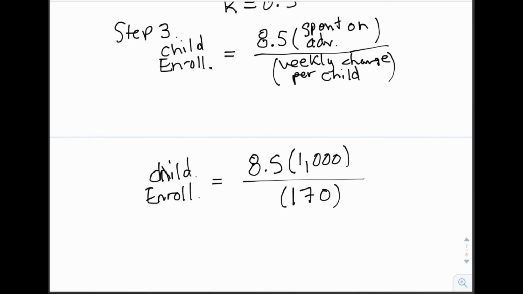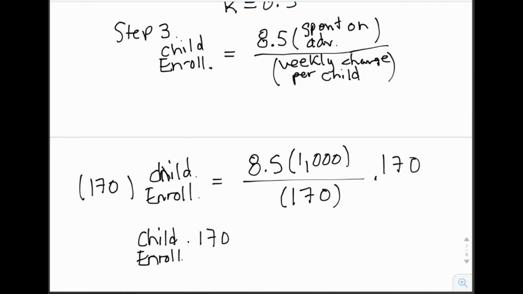Now, figuring out what our unknown is, we multiply by the 170, and this gives us child enrollment times 170 is equal to 8.5 times 1,000.